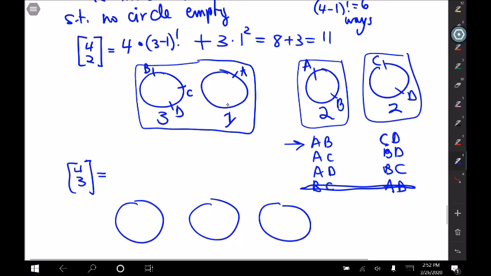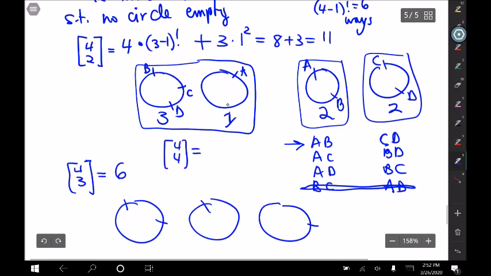Yes, so if you have 3 circles, you need to choose which 2 objects will go into one, and then the other circles will just have the remaining ones, in any order, doesn't matter. So it is just 4 choose 2, which is 6. That makes sense. And lastly, 4 choose 4. If you have 4 objects and 4 circles, how many ways can you do that? That's right, 1 way. Whew.